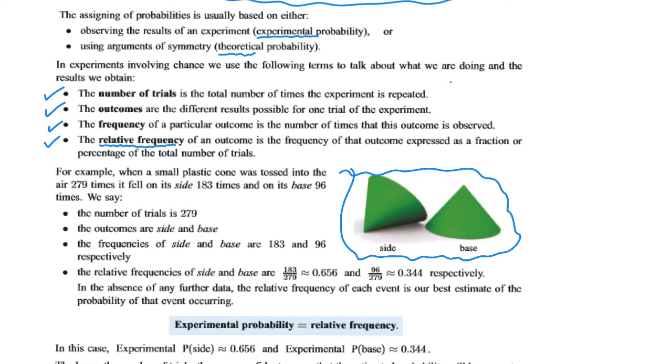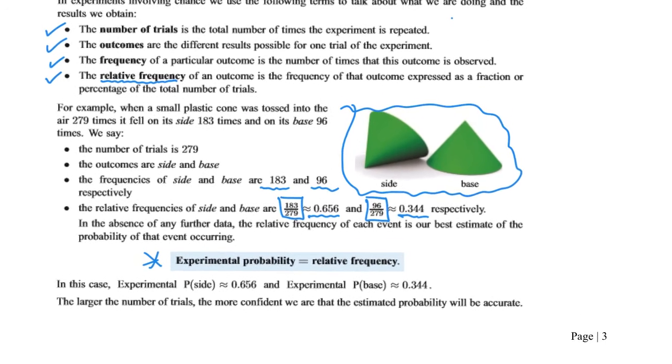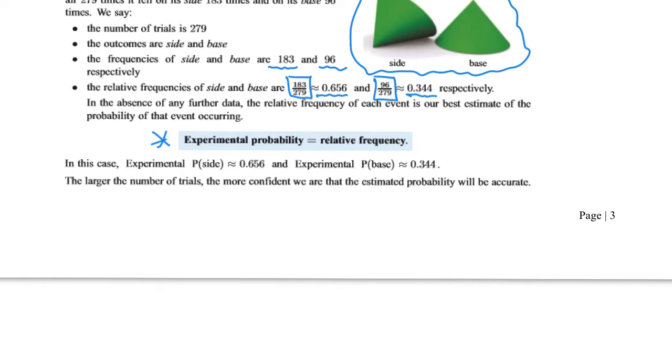If we do this 279 times and we watch it land on the side 183 times and on the base 96 times, then we have a relative frequency of each of the outcomes expressed as a fraction, or IB style, a 3 sig fig decimal. Basically, experimental probabilities are simply relative frequencies from watching the chance process over and over.